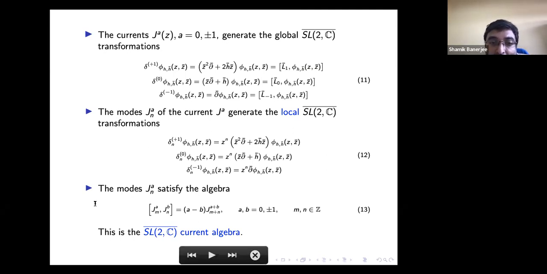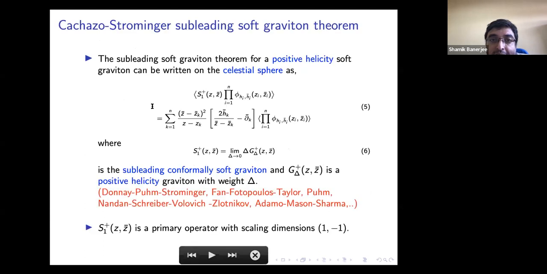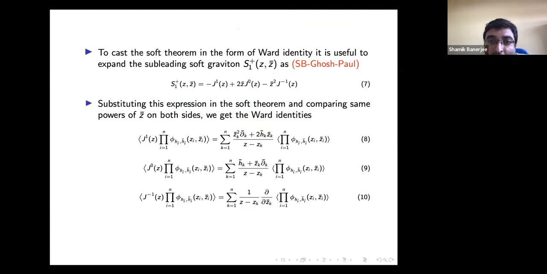One can also check that these modes satisfy this algebra, which we can call the SL2 bar algebra. So the main point is that this subleading soft graviton theorem is essentially the Ward identity for the SL2 bar algebra.